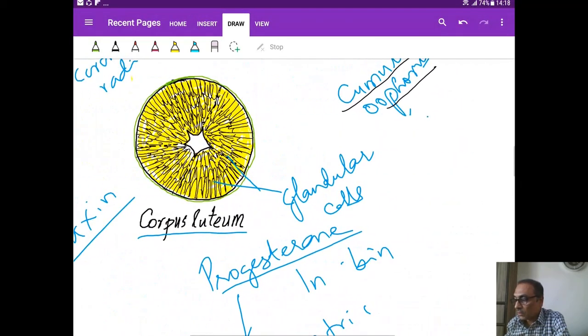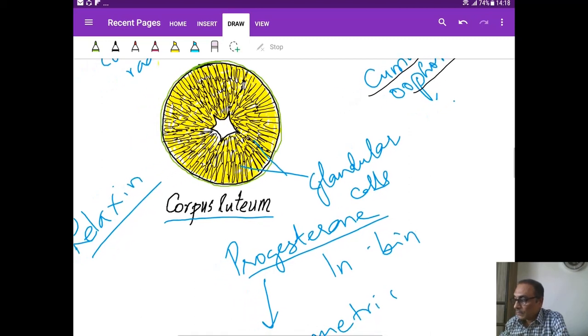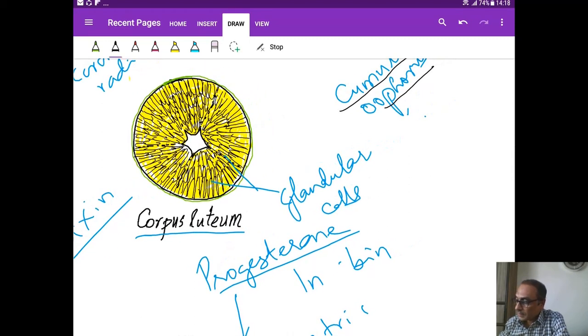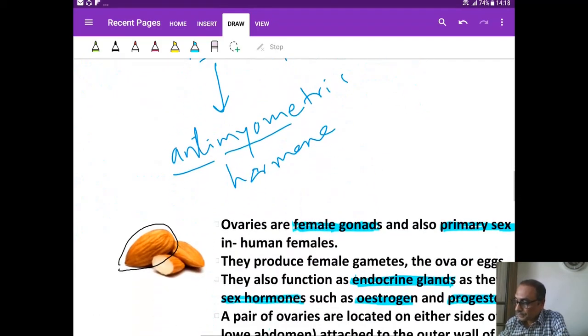Yes, this is what the corpus luteum we are seeing here, which contains the glandular cells which are arranged in a particular radial manner inside, and this corpus luteum is responsible for production of those three different hormones.